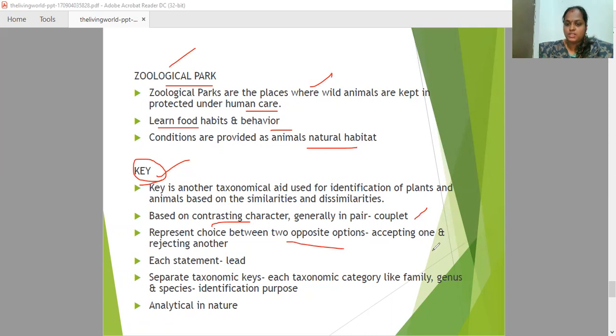Two opposite options, accepting one and rejecting the other. Two will be there, one will be accepted and the other will be rejected. Each statement is a lead. Each taxonomical category like family, genus, species identity is used by the identifier. Analytical in nature, completely based on analyzing.